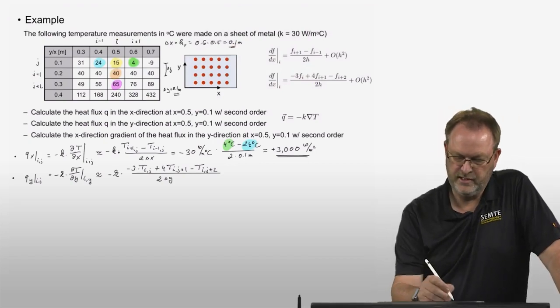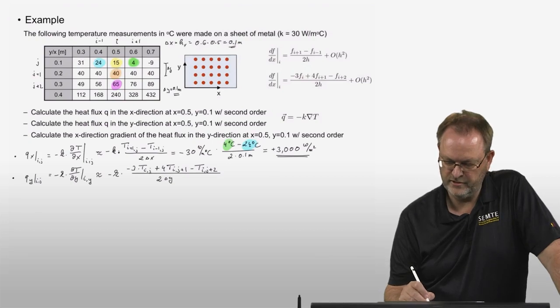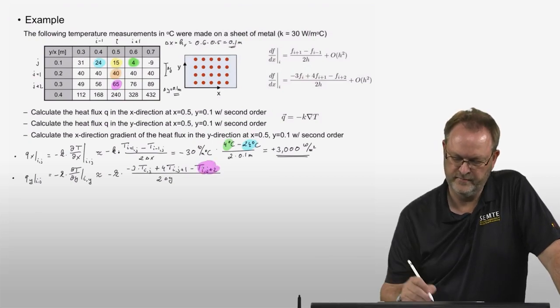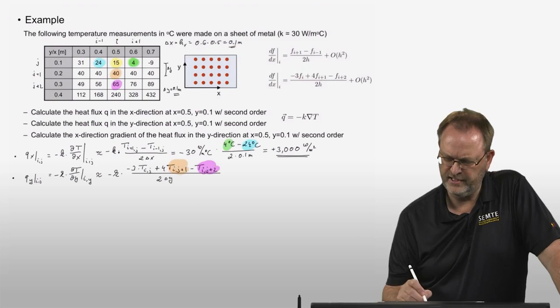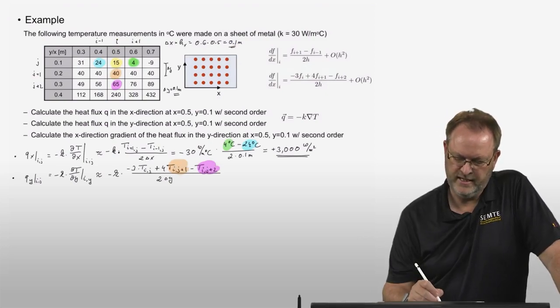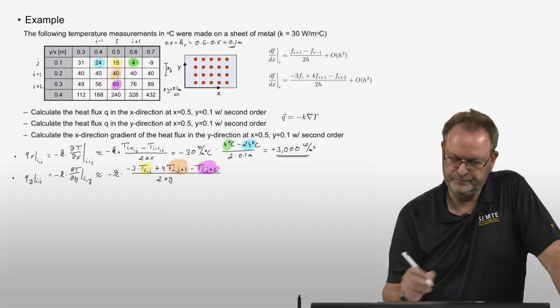So let's substitute in the values from the table. This is T at i, j plus 1. This is T at i, j plus 2. This is T at i, j plus 1, the orange one. And T at i, j is the yellow value.